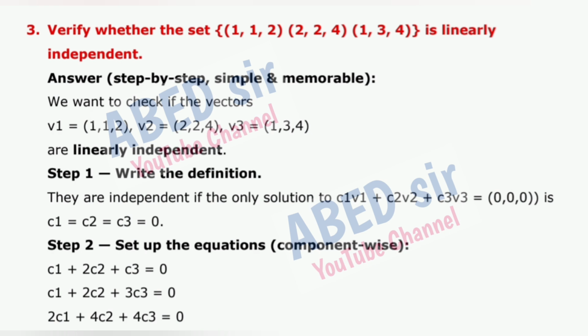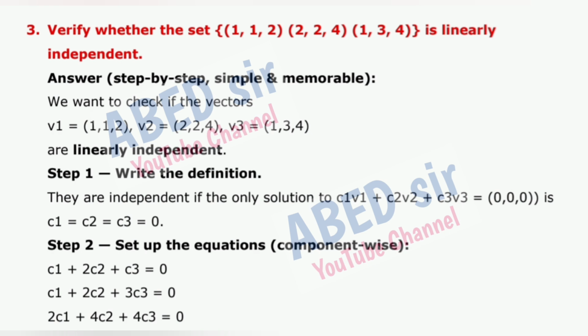Step 1. Write the definition. They are independent if the only solution to C1 V1 + C2 V2 + C3 V3 = (0, 0, 0) is C1 = C2 = C3 = 0.